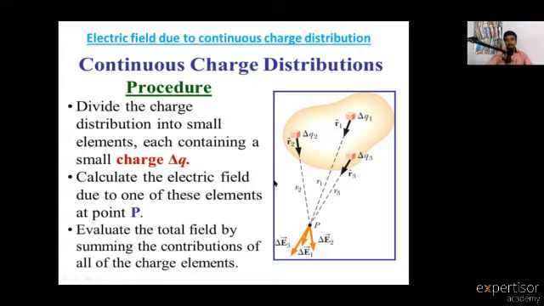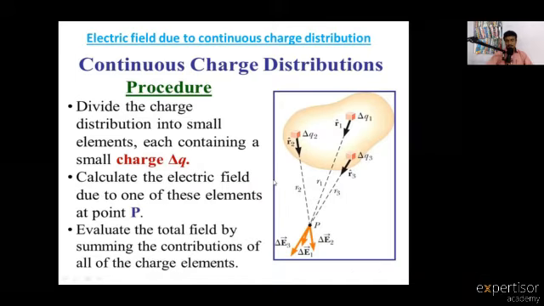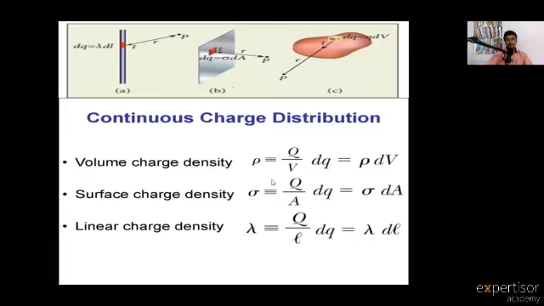Coming to the next concept, what are the types of charge densities? See here: volume charge density, surface charge density, linear charge density. These are the three different charge densities.